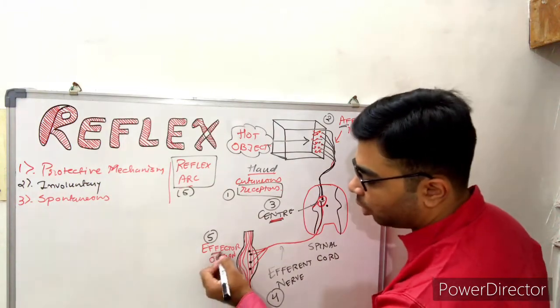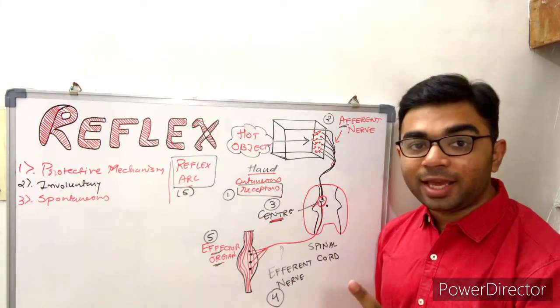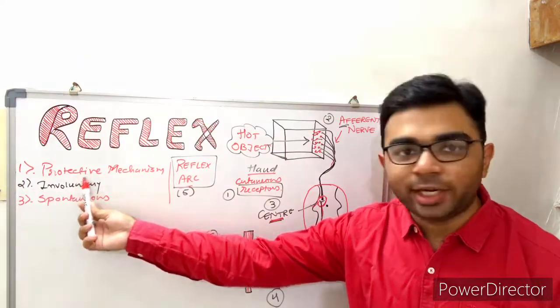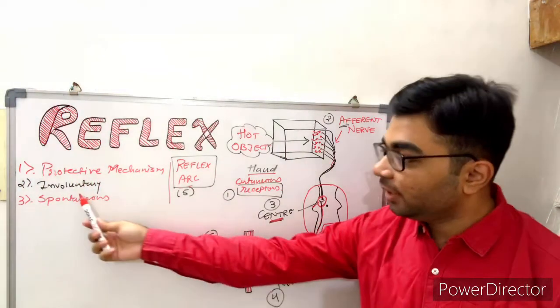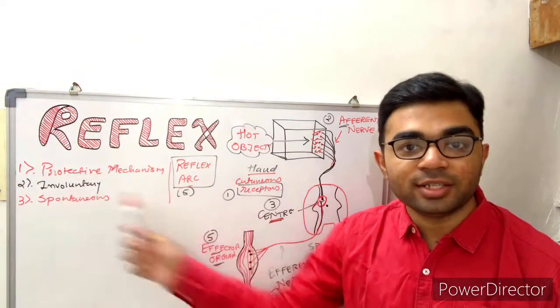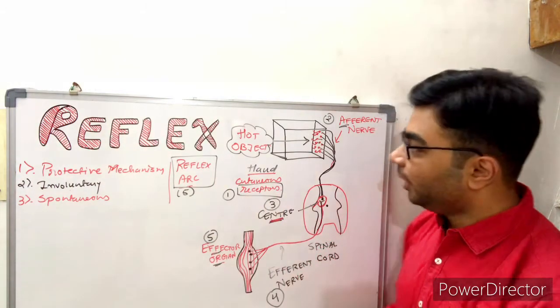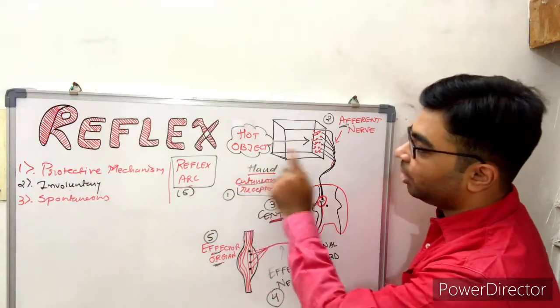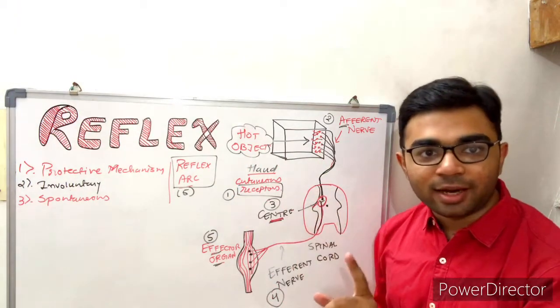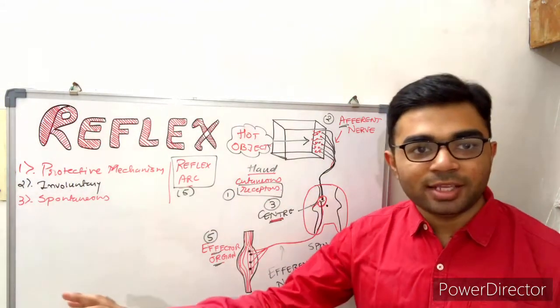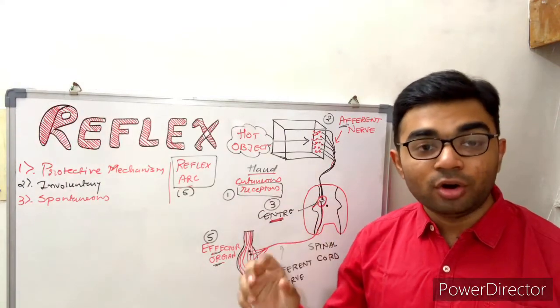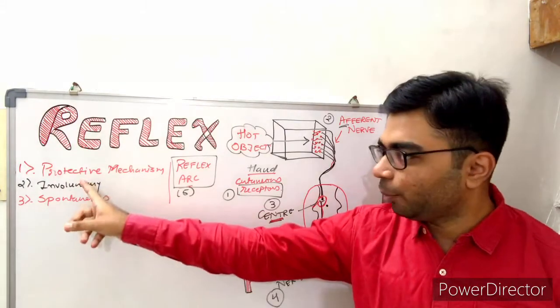Here we need to apply these 3 points: it is a protective mechanism, it is involuntary, and it is spontaneous. When a hot object comes in contact with the hand, our hand is immediately withdrawn in order to protect it from burn. That is point number 1.